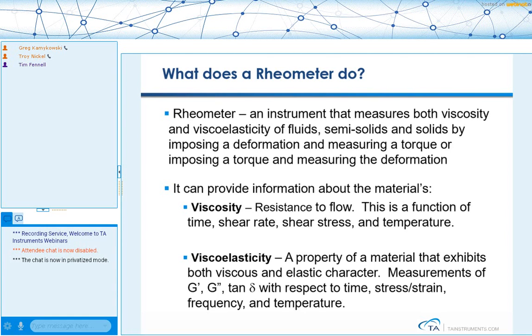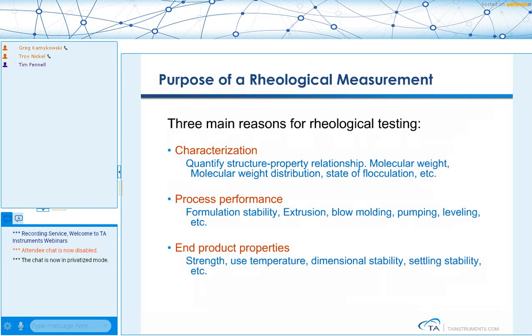We can also measure viscoelasticity, which is a property of materials that exhibit both viscous and elastic behavior. So we will concern ourselves with measuring parameters like G prime, G double prime, and tan delta, which we will describe a little bit later.